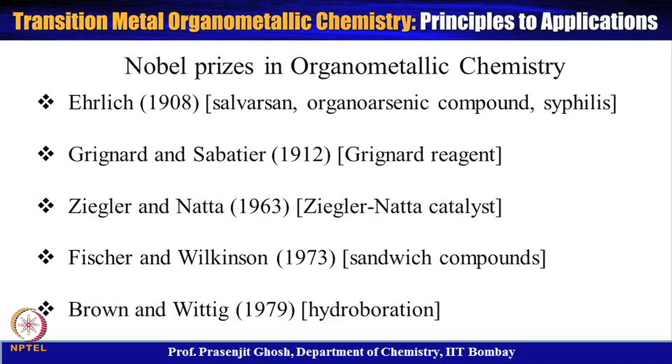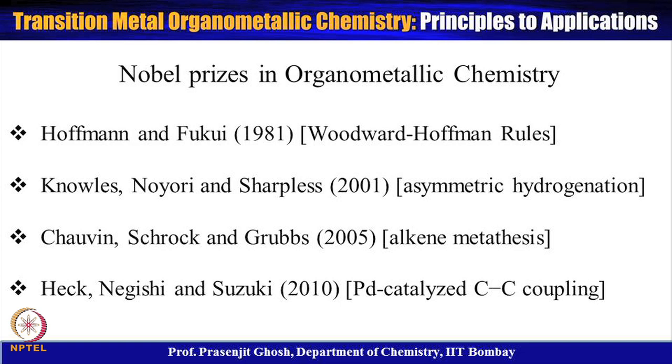That starts with 1908, Sabatier, for organoarsenic compounds, followed by Grignard and Sabatier for the Grignard reagent in 1912, Ziegler-Natta in 1963 for the Ziegler-Natta catalyst that has led the world in polymerization, Fischer and Wilkinson in 1973 for sandwich compounds, Brown in 1979 for the hydroboration reaction, Hoffmann and Fukui in 1981 for the Woodward-Hoffmann rule, Noyori, Knowles and Sharpless in 2001 for asymmetric hydrogenation, Chauvin, Schrock and Grubbs in 2005 for alkene metathesis, and lastly Heck, Negishi and Suzuki in 2010 for palladium catalyzed cross coupling reactions.